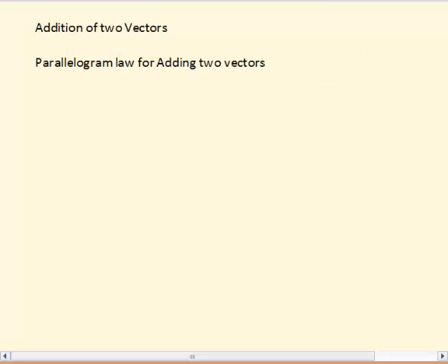Suppose I have two vectors well defined. Vector A in this direction and another vector B in some other direction, which is also well defined.